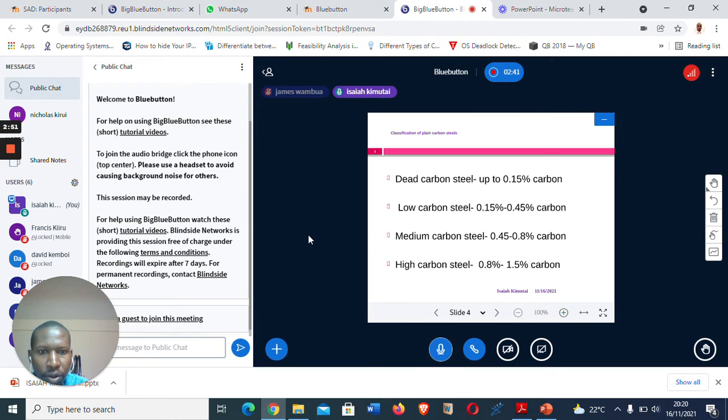Okay, so high carbon steel contains a carbon content of 0.8% to 1.5% carbon.